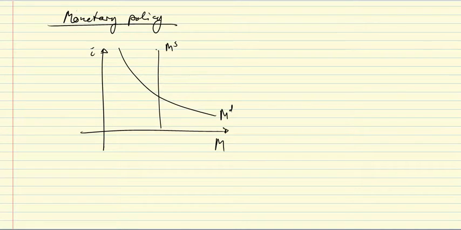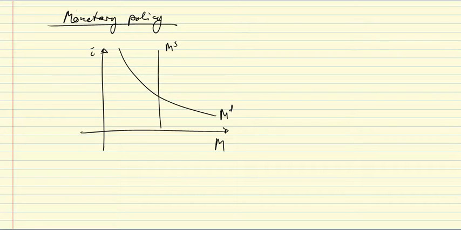So here as a vertical line parallel to this axis, because the money supply as determined by the central bank is independent of the interest rate, whereas money demand is a negative function, a decreasing function of the interest rate, so that the higher the interest rate, the lower is the money demand, and at the same time the money demand increases with nominal income. So that would be a rightward shift of the money demand function.